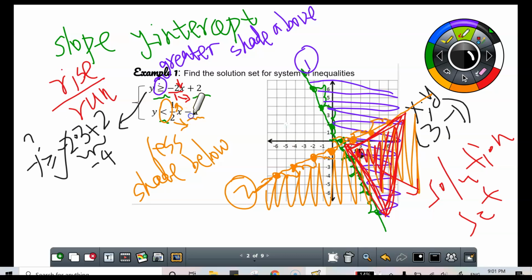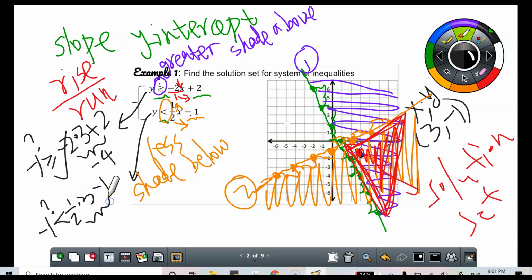And now let's check the second inequality. So y is -1 again. Less than, let's see if it is really less than the other side. The other side is 1/2 times x, which is 1/2 times 3, and then -1.